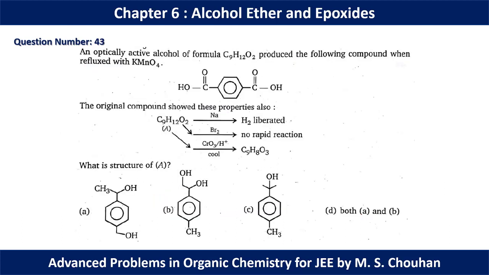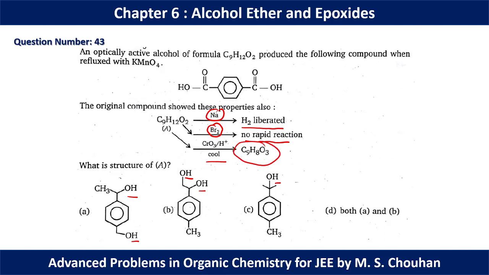In question number 43, if we react with sodium, hydrogen will be liberated. So it indicates the presence of acidic hydrogen in the initial molecule. Here we have acidic hydrogen, here also, here also. So here we cannot conclude anything. No rapid reaction with Br2, and finally after the oxidation we will have C3H8O3.